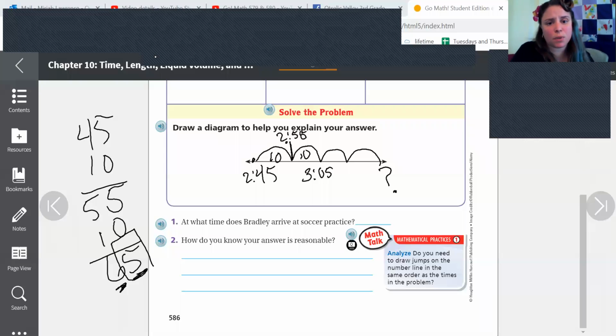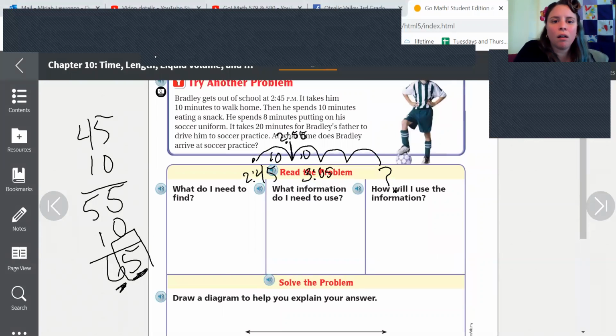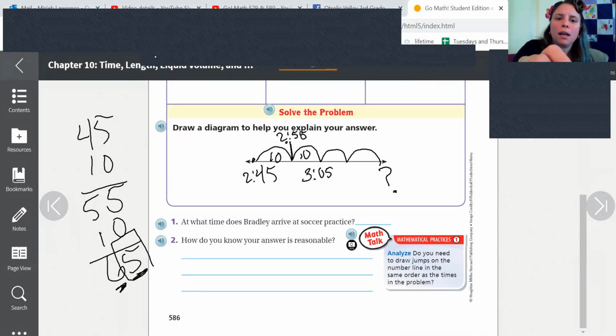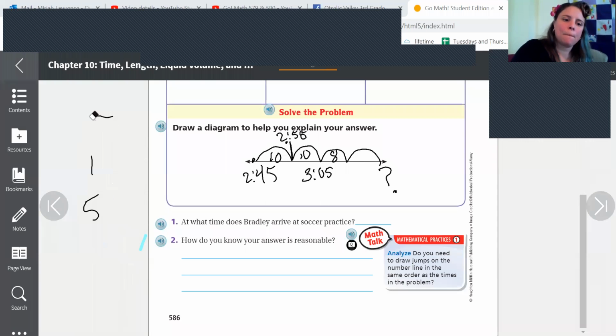Let's see what the next jump's all about. So we got walk, we got snack. Our 10 minutes eating snack. He spends 8 minutes putting his soccer uniform on. So our next one is 8 minutes. So we're going to take 3:05 and just add 8 minutes to that.